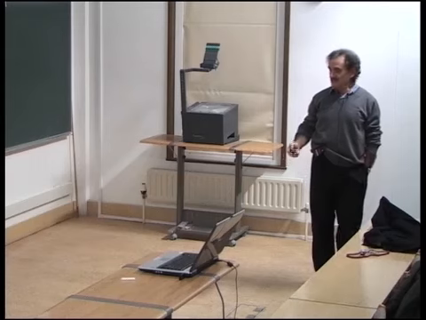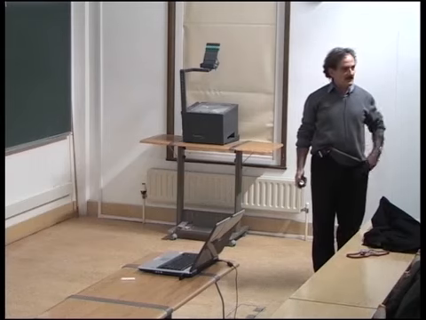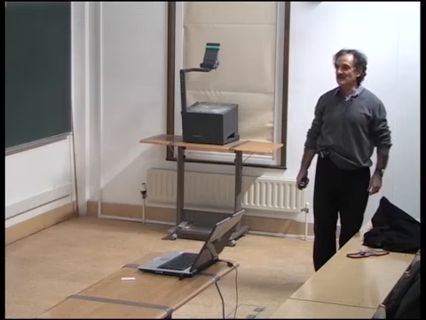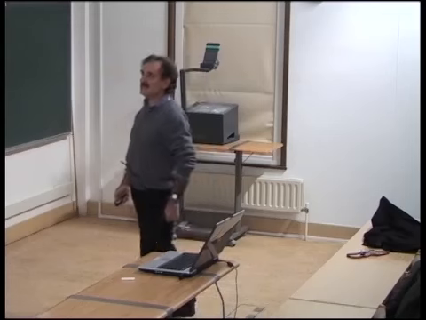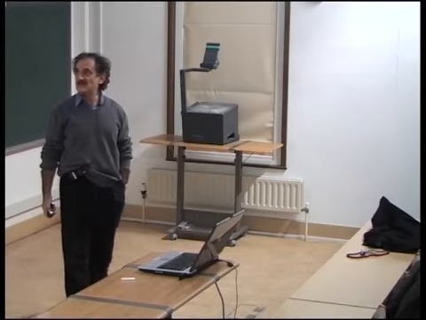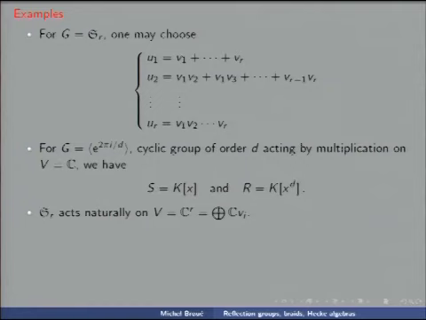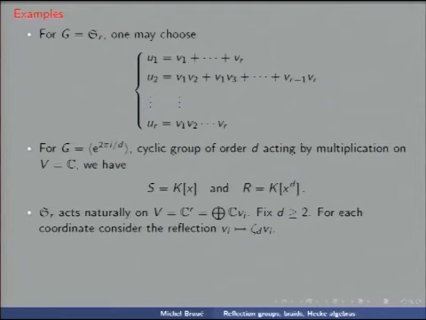Now let me turn to a more general and more elaborate example. First of all, you can generalize the case of S_R. S_R acts naturally on V endowed with this basis. So fix any D greater or equal to 2, then for each coordinate, you can consider the reflection associated with Vi goes to zeta_d Vi and fixing the other ones.